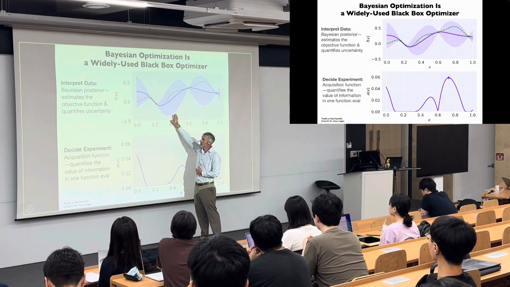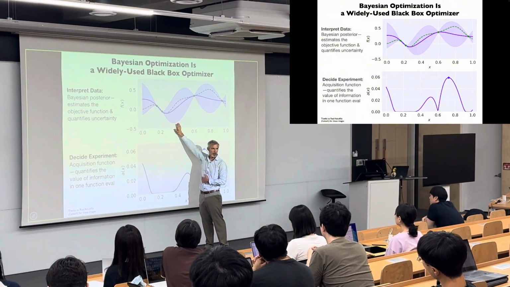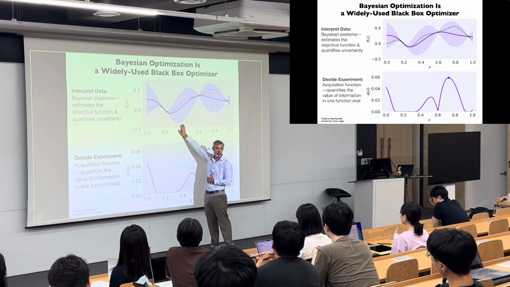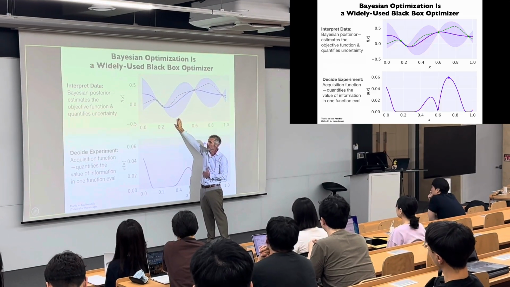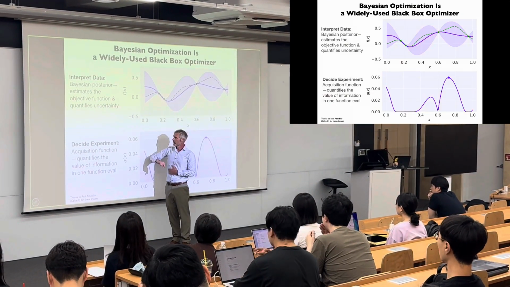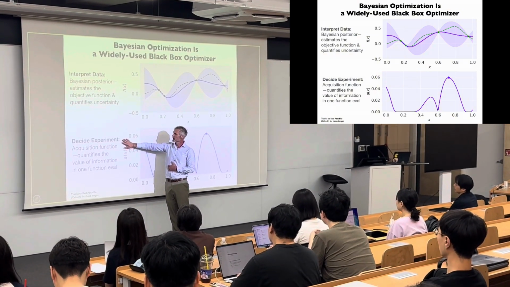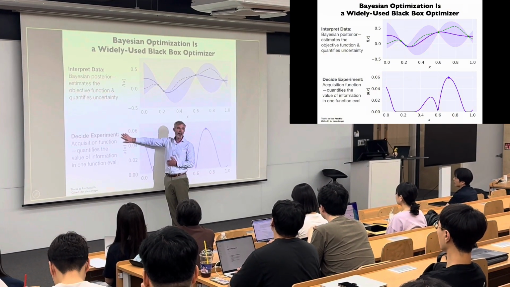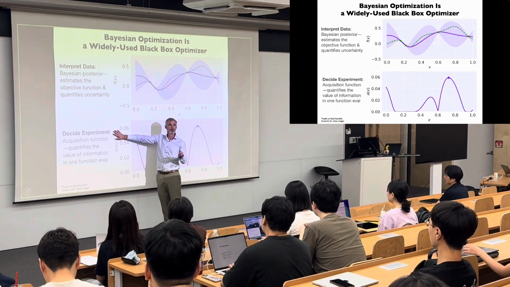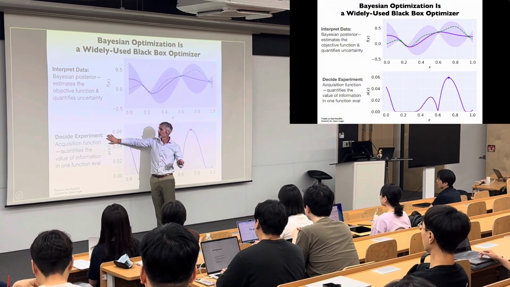Then, using this model for the data, which comes in the form of a probability distribution, which we call a posterior probability distribution because it comes after observing the data, we decide what experiment to perform. And this decision is based on an analysis of the value that the experiment provides towards my goal of, in this case, optimizing the objective function.